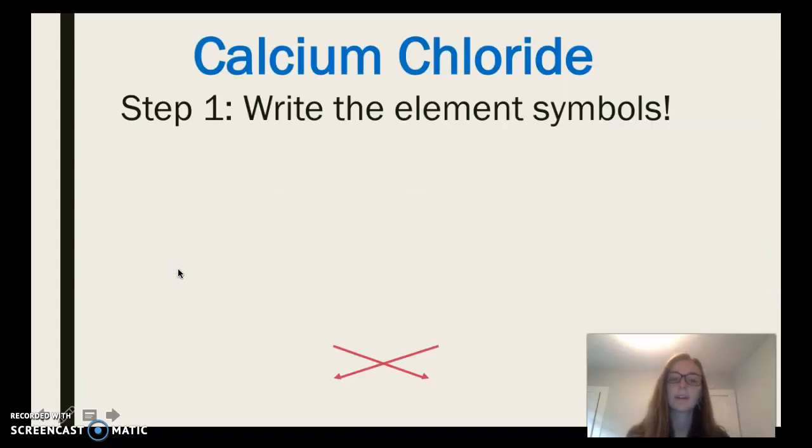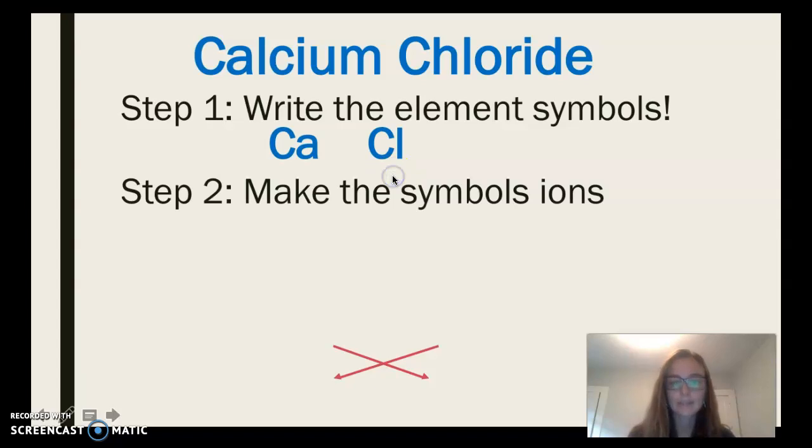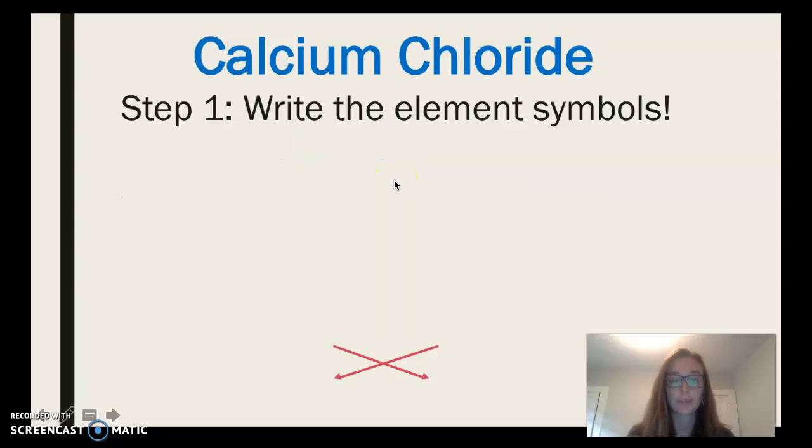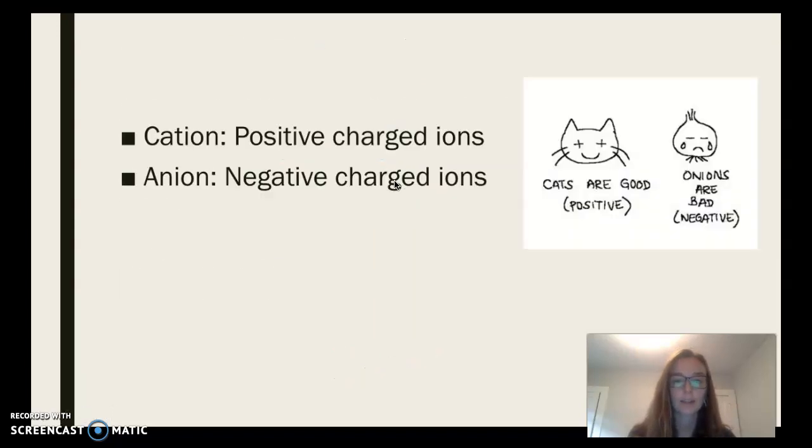If we apply those steps, here is an example. If we needed to write calcium chloride as a chemical formula, we would first write the element symbols. I look at the periodic table of elements and see that the symbol for calcium is Ca and the symbol for chlorine is Cl. Then I make these symbols ions. I need to find the charges by looking at the periodic table.